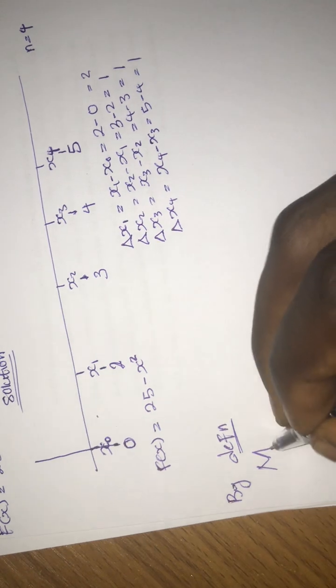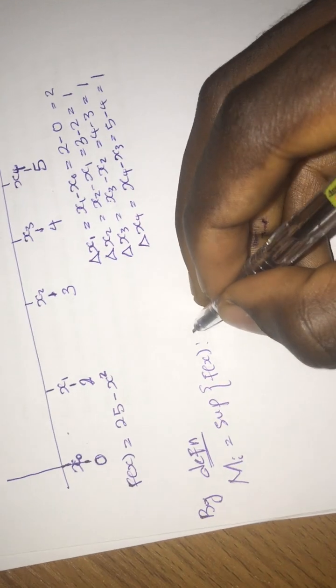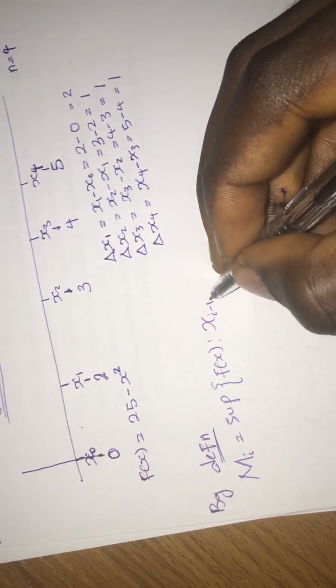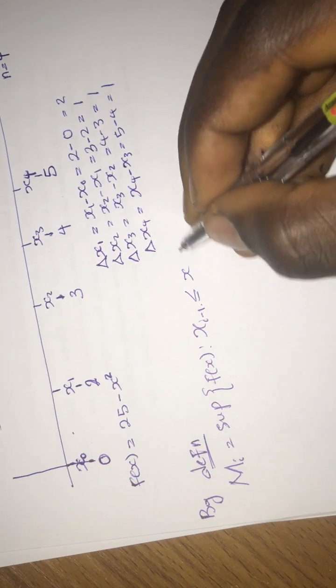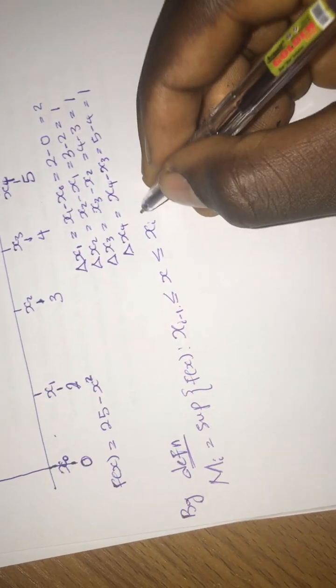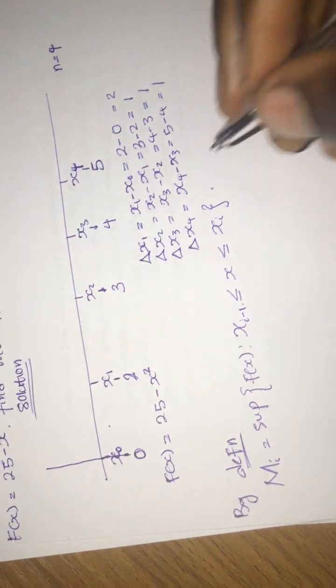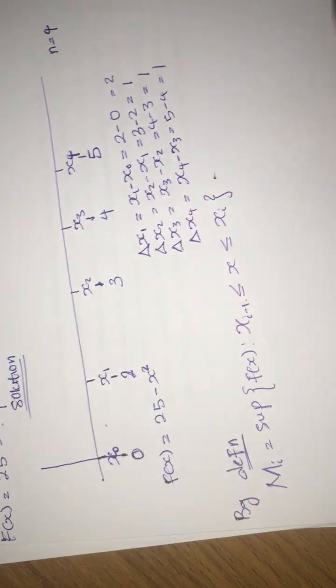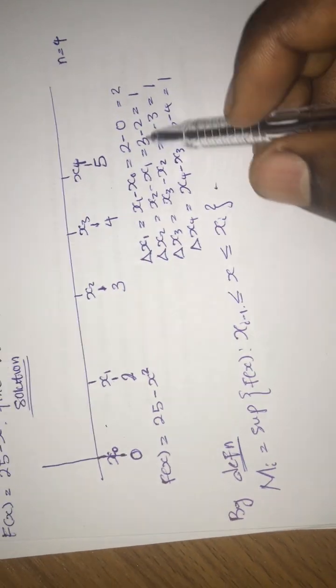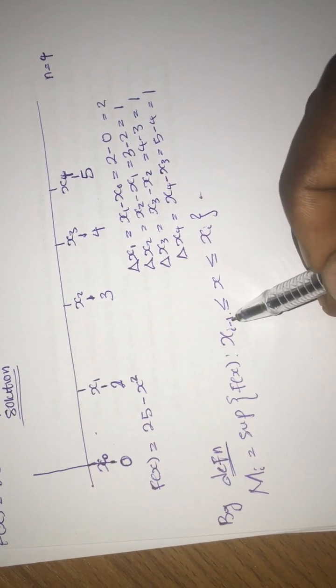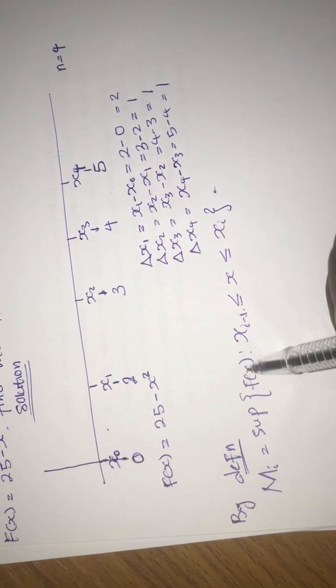Now, by definition, we have Mi equal to the supremum of f(x) for x in the interval from x(i-1) to xi. By the time we put i to be 1, the supremum between the boundaries is what we are going to use.